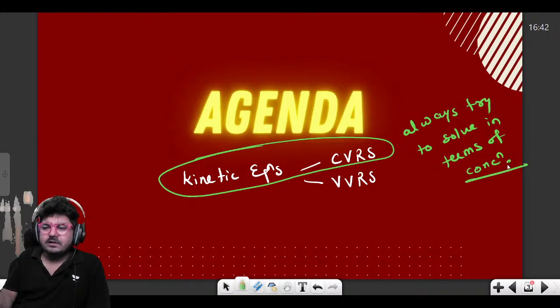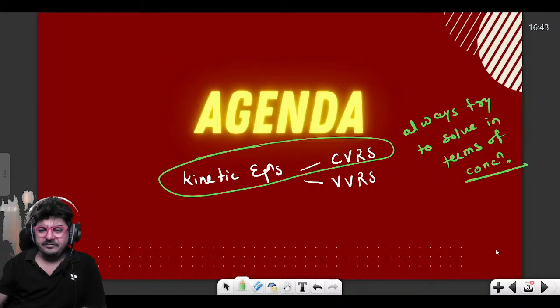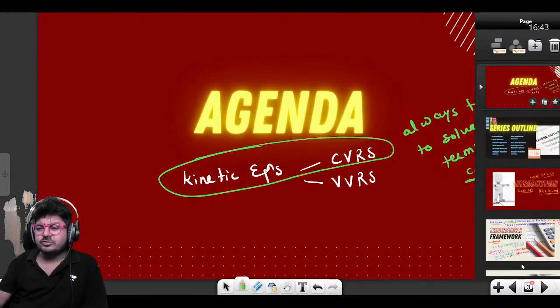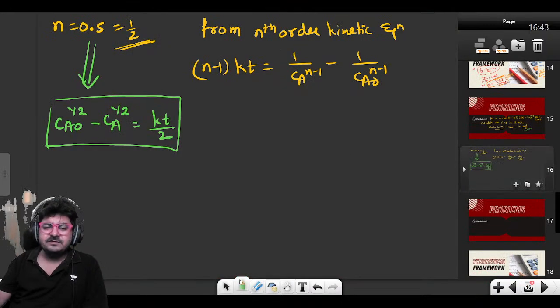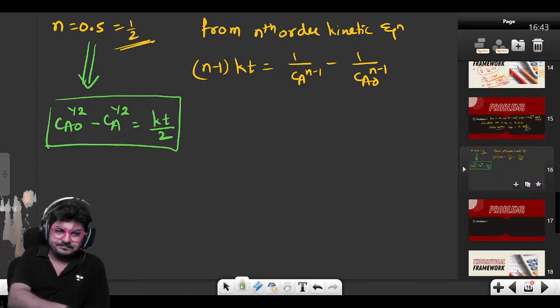There is no such rule, it is just what I am telling you based on my experience. If data is available in concentration for a CSTR system, always try to solve in terms of concentration only. Why? To save some calculation time.